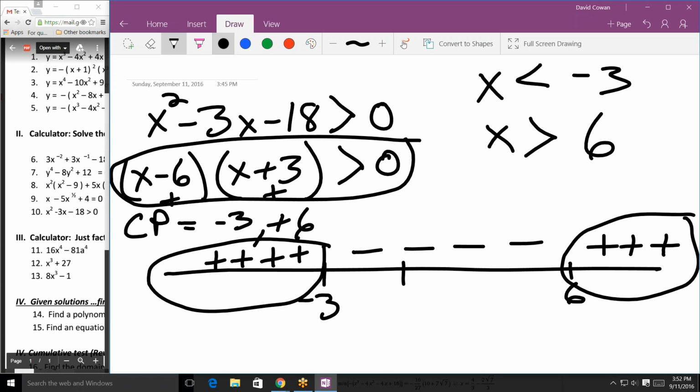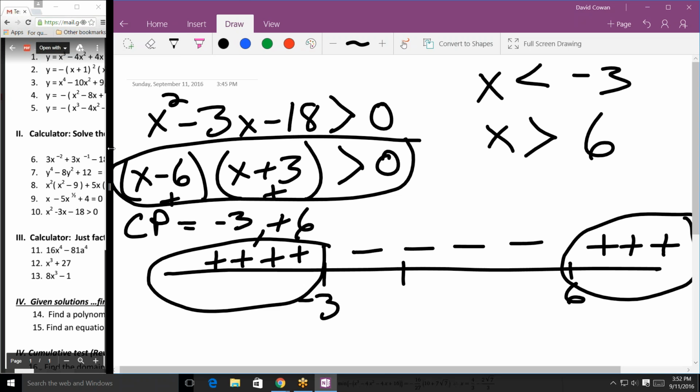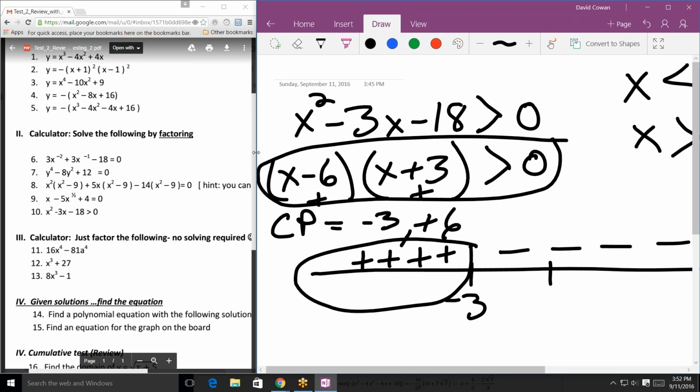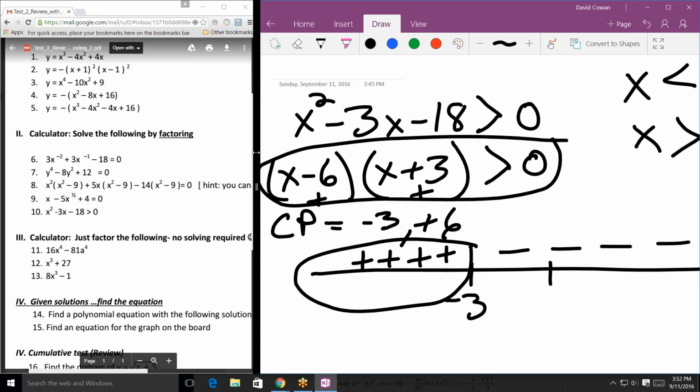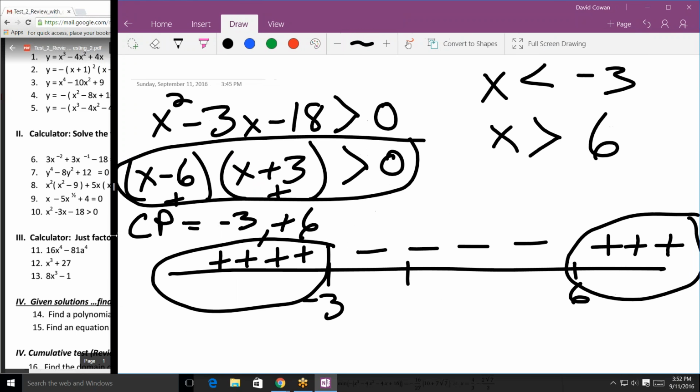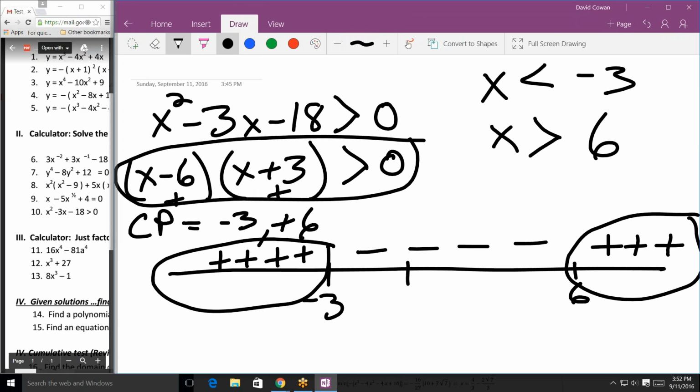Now, the question said what? It said, solve the following by factoring. Well, we just did. We completely solved it. And give it to me in interval notation. You know what that is?